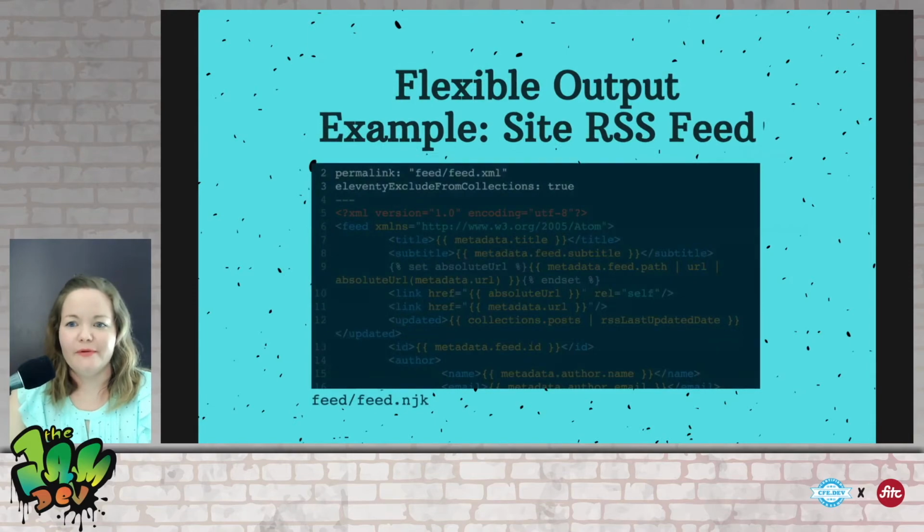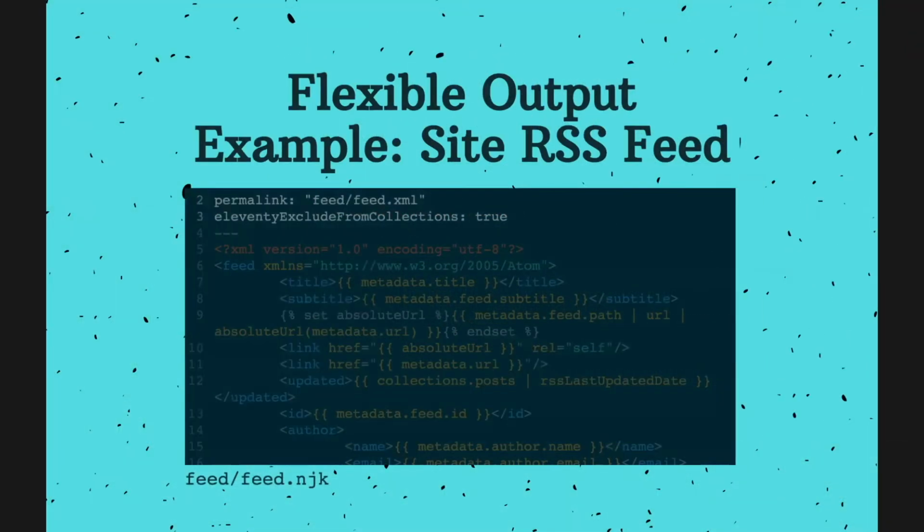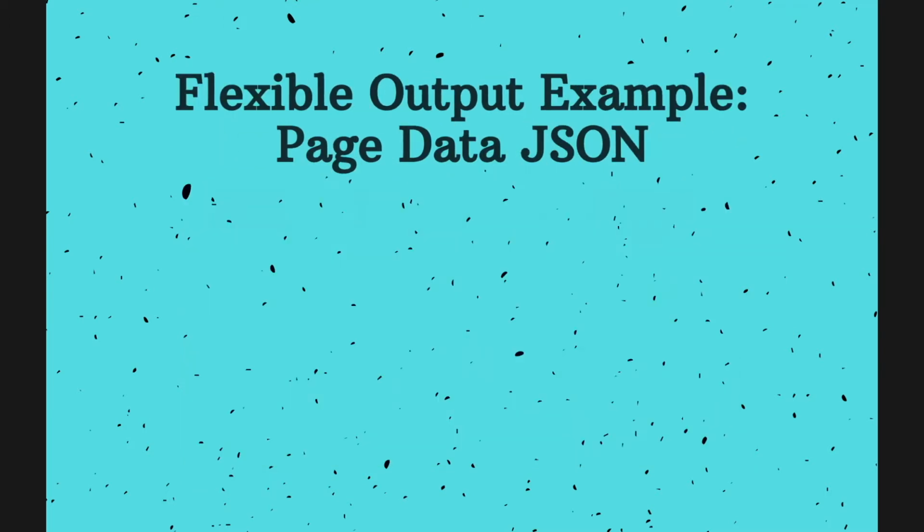A small example of this being useful is in creating the site's RSS feed, which is actually demonstrated by the official Eleventy starter and supported by an official plugin, which provides some filters to assist in producing things like absolute URLs and correctly formatted dates. An additional way to use this feature is to be able to create a JSON file of page data that is actually constructed within a Nunjucks template and accesses an existing collection.